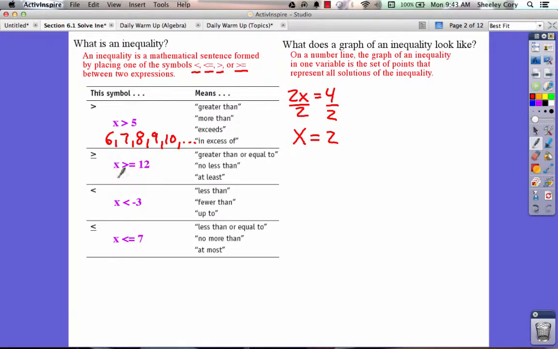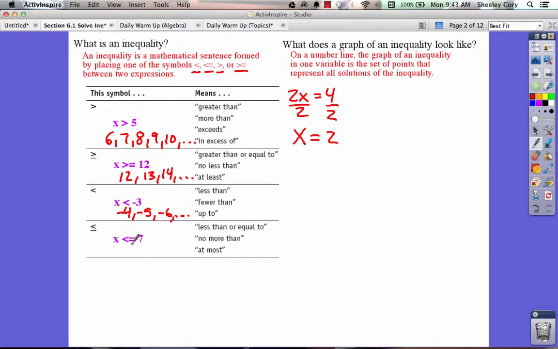So you could have 12 because it can be equal, 13, 14, and so on. For x < -3, the numbers have to be less than negative 3, so they can't equal negative 3. All the solutions are going to be like negative 4, negative 5, negative 6, and so on.